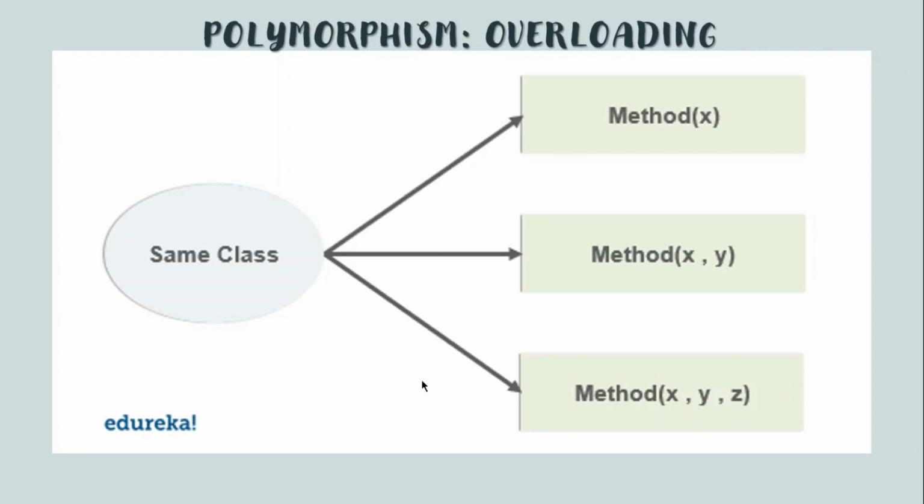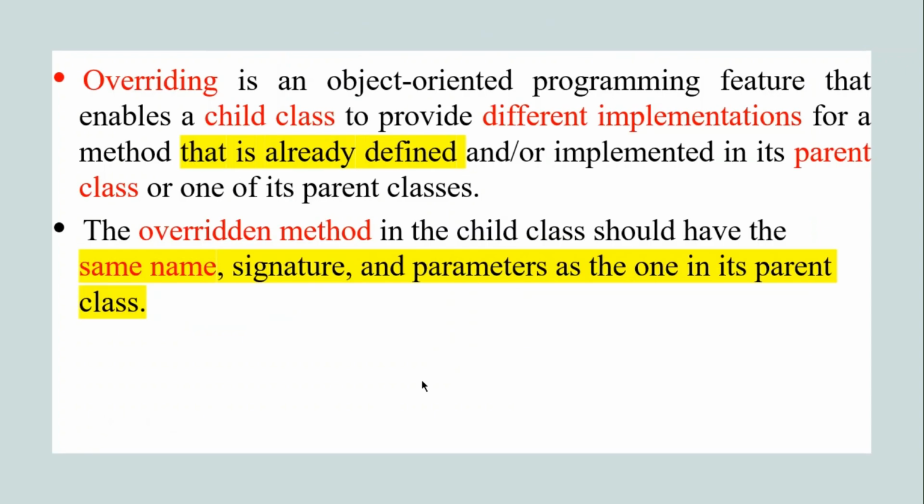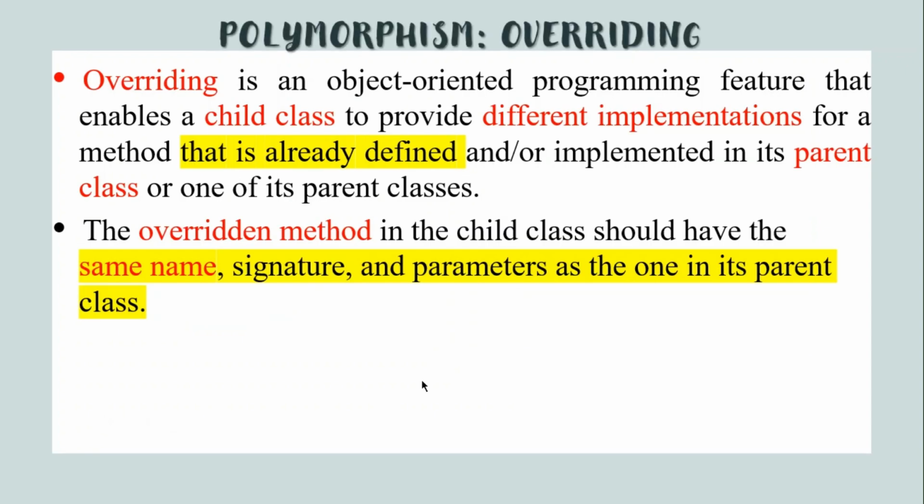We can also have two methods with the same name and the same number of parameters, but with different data types. So this is overloading. Now let's see what overriding is.